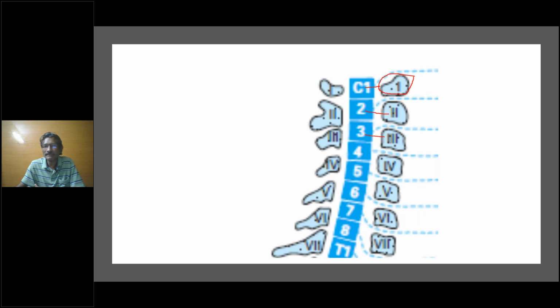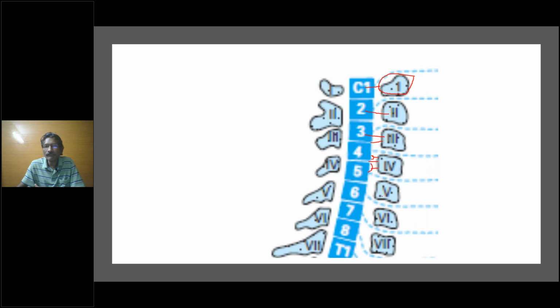But if you look carefully, third partly overlies 4 also to some extent. Now look at 4. It overlaps a very small part of the fourth segment, but a large part of the fifth segment.